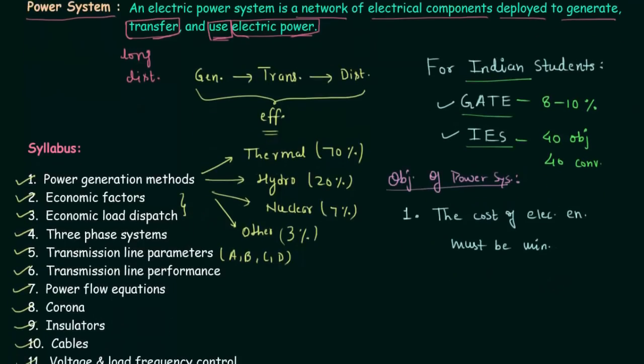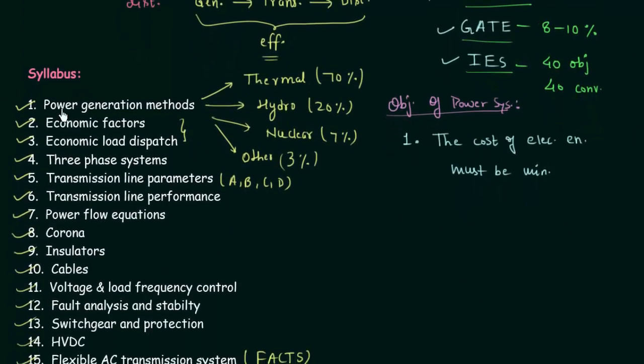You can see the second point in the syllabus, it is economic factors. So we will study economic factors. After this we will study economic load dispatch, and the third one is generation.